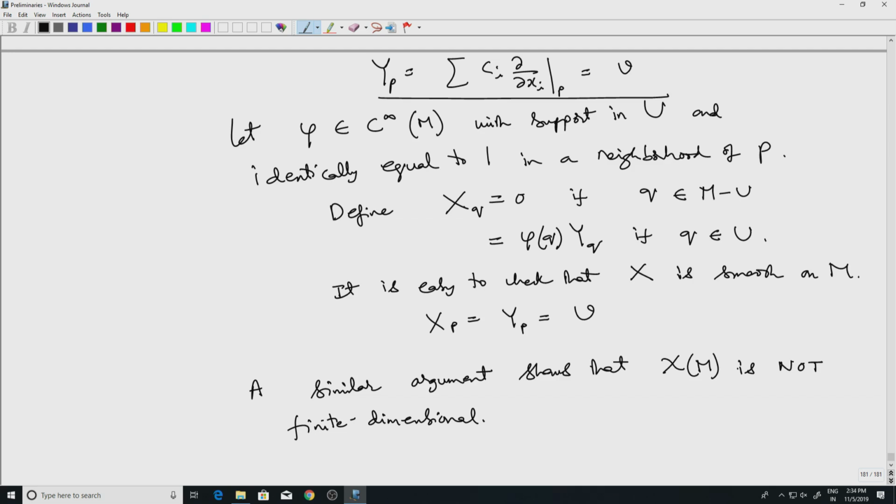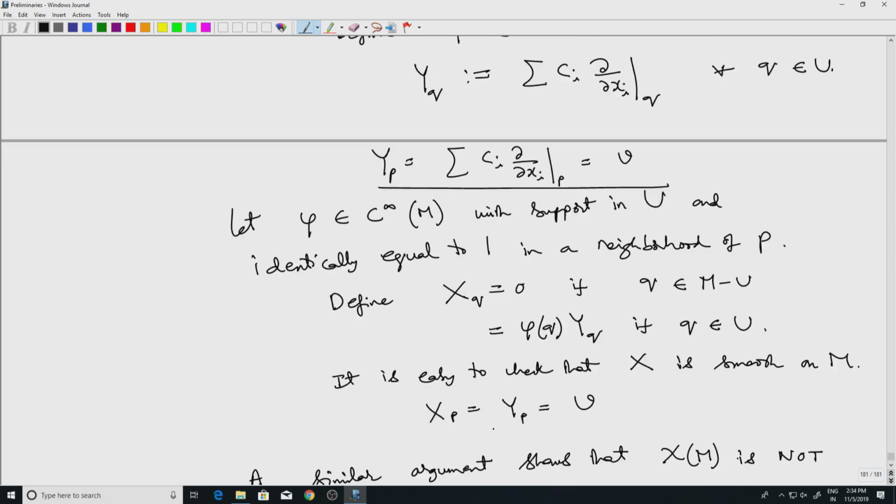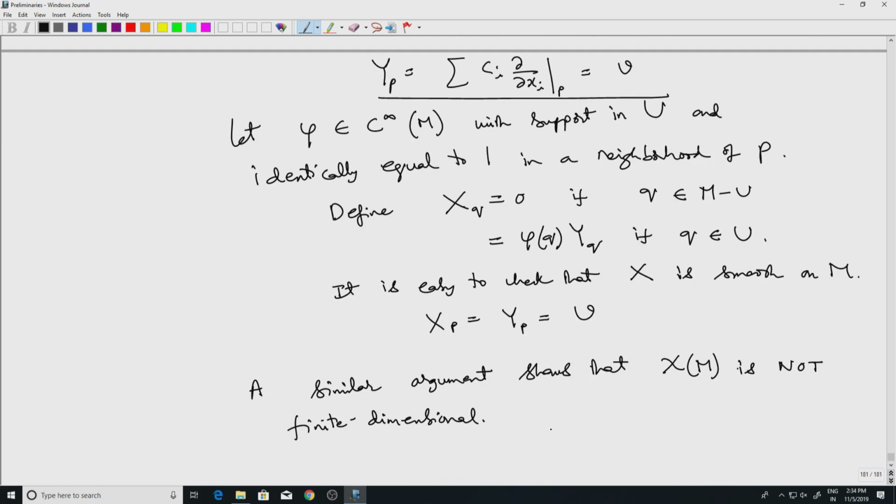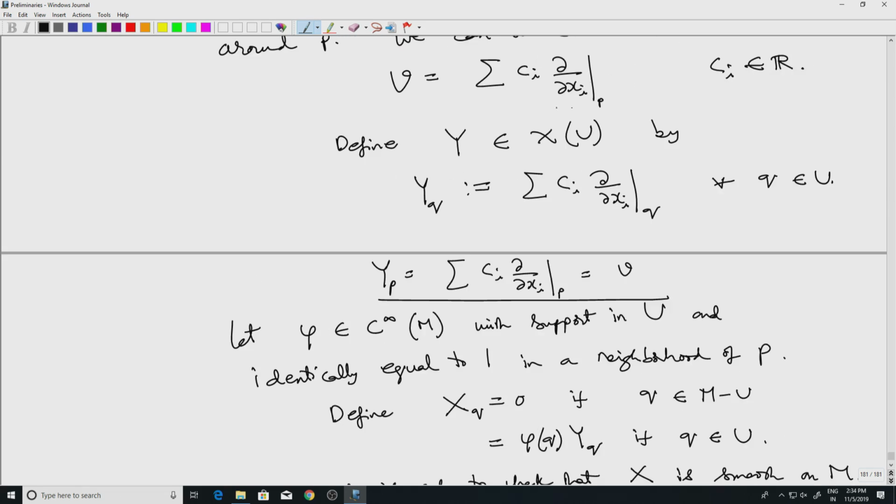And right, so here what one does is, again, it's quite straightforward to see this. You start with a chart and take one, say, del by del x1, which is a vector field on the chart.